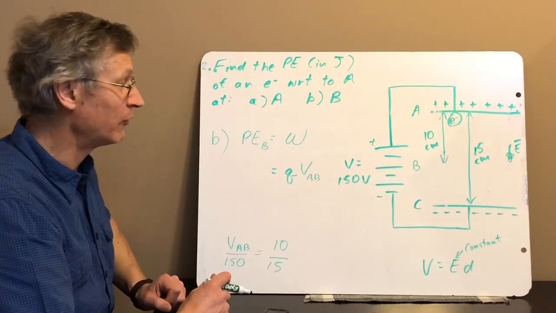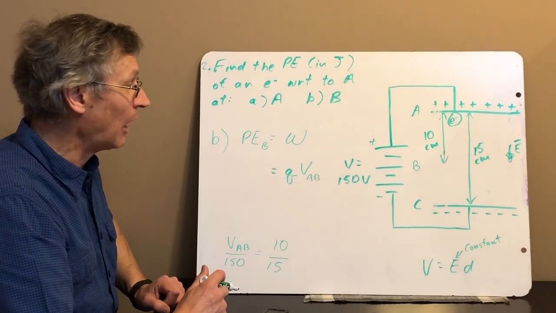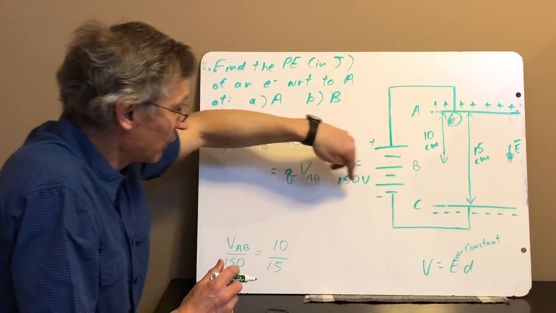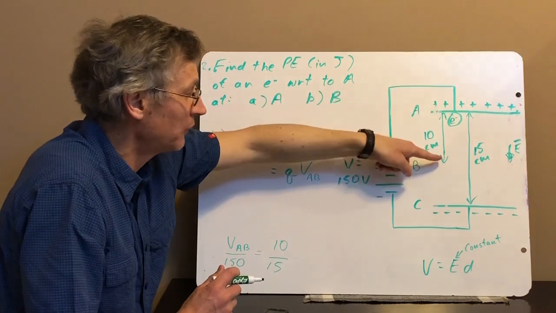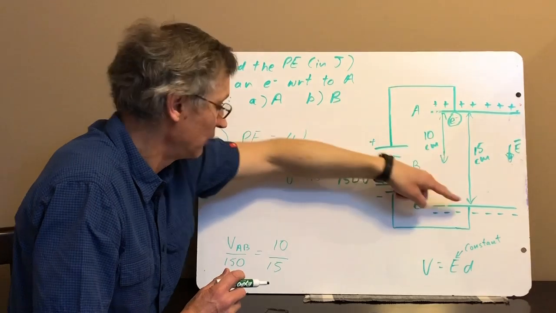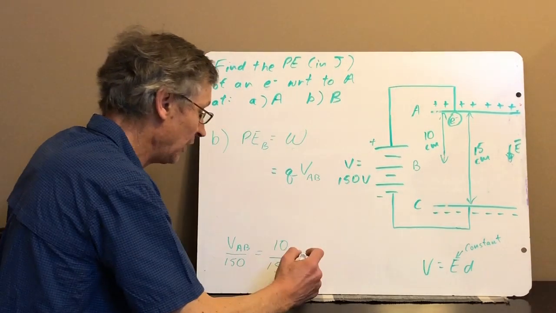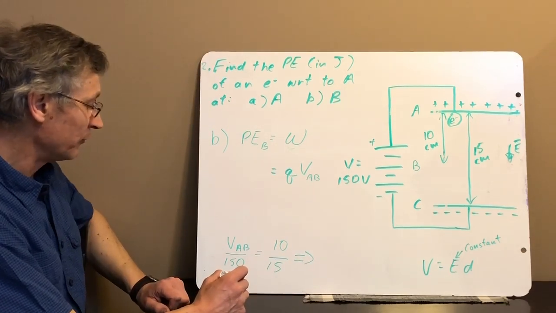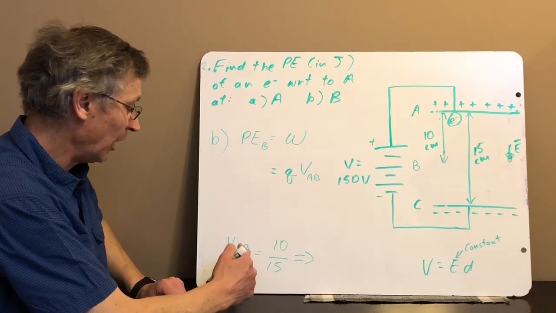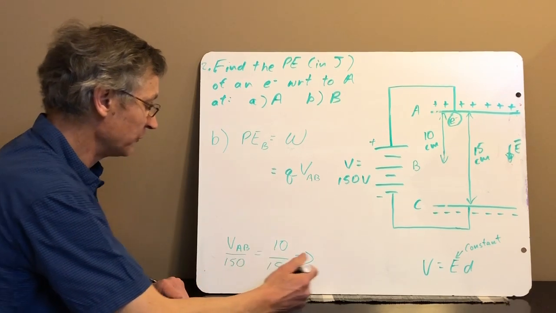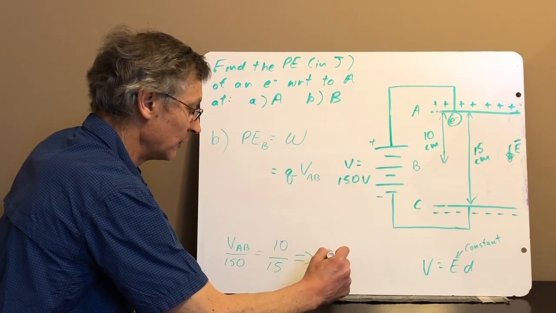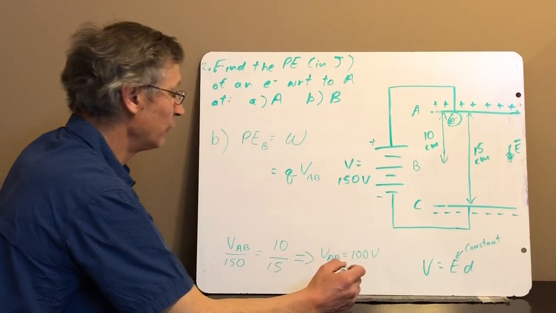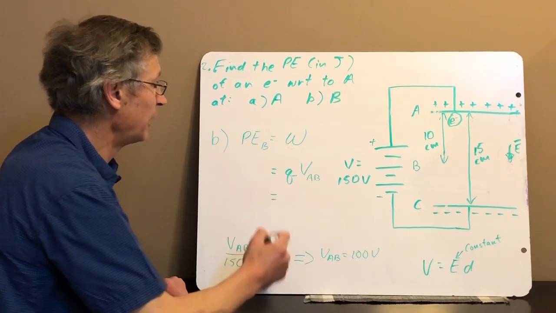Hopefully everybody's okay with that. The little voltage, VAB, is to the big voltage, 150 volts, as the little distance, 10 centimeters, is to the big distance, 15 centimeters. And that's easy to solve. 100 over 150 is the same as 10 over 15. So we know VAB is equal to 100 volts. So we're pretty much there.